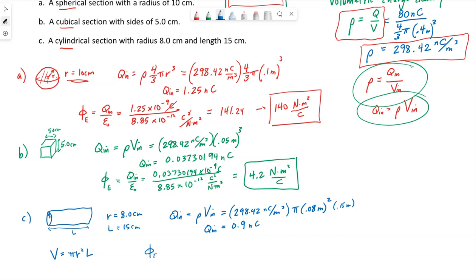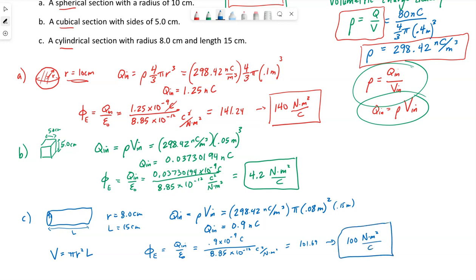And then calculating the electric flux through this cylindrical surface, the 0.9 times 10 to the negative 9 coulombs divided by our constant gives 101.69. So essentially 100 newton meters squared per coulomb would be the flux through that surface.